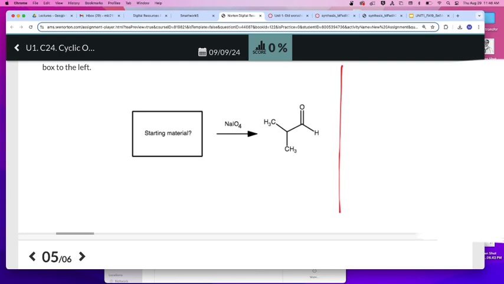Okay? Since we are talking about cyclic oxidation, what it does is it reacts with syn diols. Why should they be syn? It's in the cyclic oxidative system for a reason.